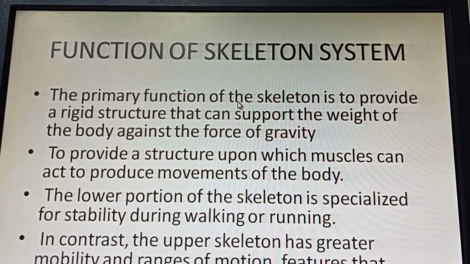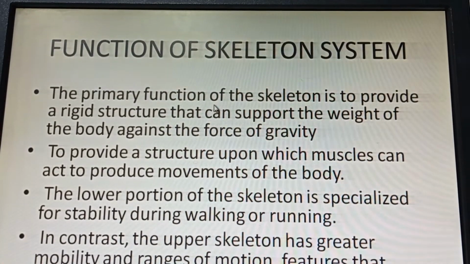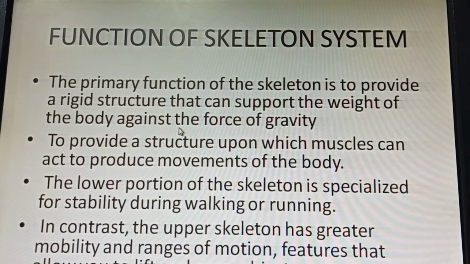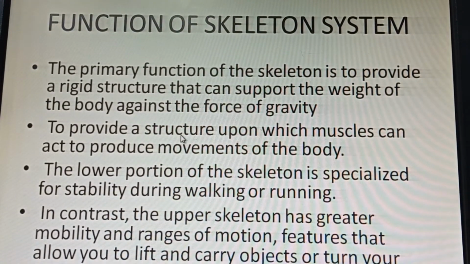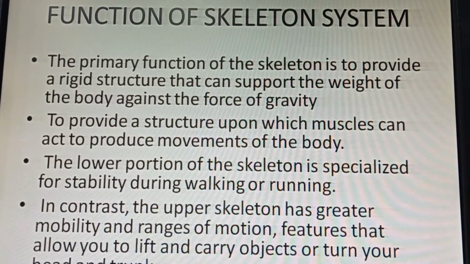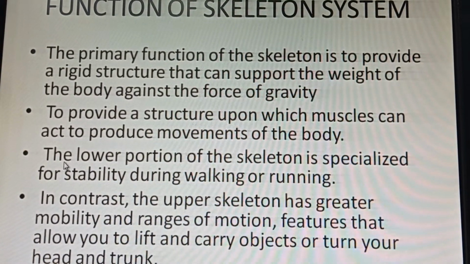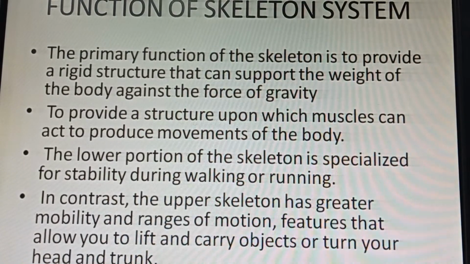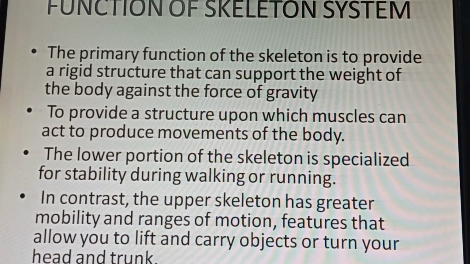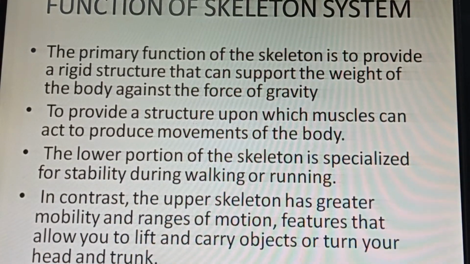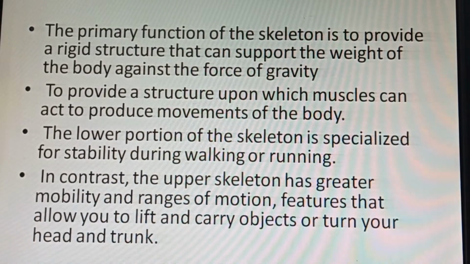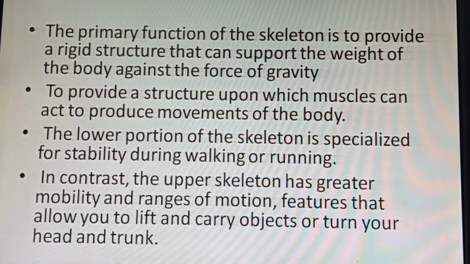If we talk about the structure, function of skeleton system, primary function is to give support to the body against gravity. Next, it provides muscle attachment which produce variety of movements. In lower skeleton, there are different joints which give stability and provide movement like walking, running. Upper skeleton also has greater mobility and ranges of motion.